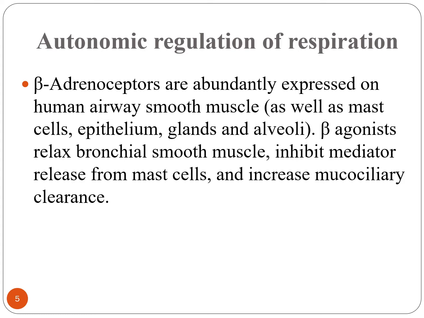So beta agonist activation will activate this receptor, resulting in relaxation of the bronchial smooth muscle, inhibition of mediator release such as histamine from the mast cells, and increased mucociliary clearance. The overall effect is to promote and facilitate respiration.